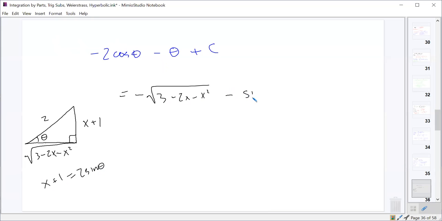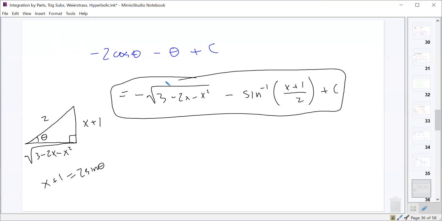That'll be minus the inverse sine of x plus 1 over 2 plus our constant. Any questions on that? Everybody okay with that?